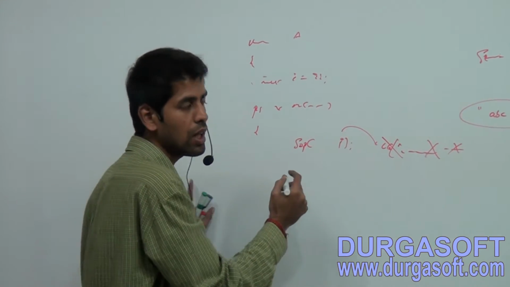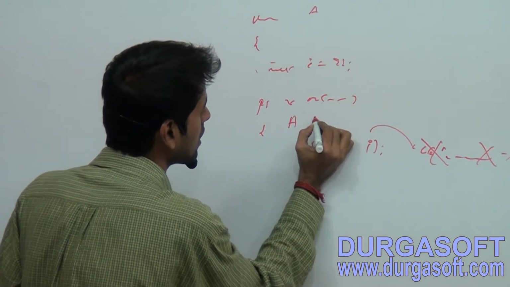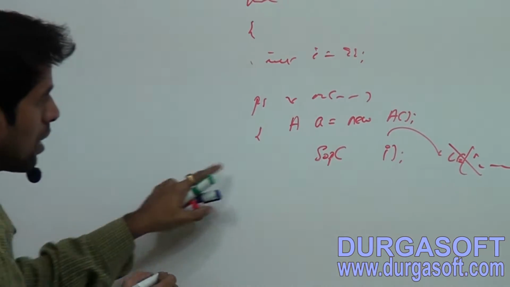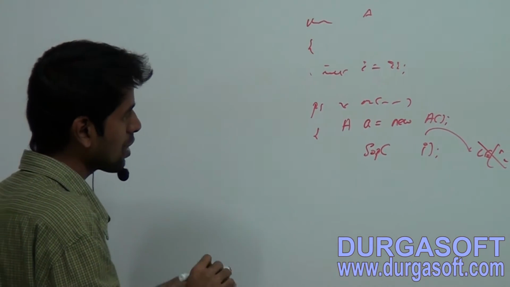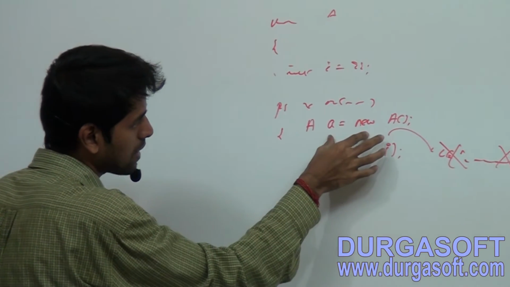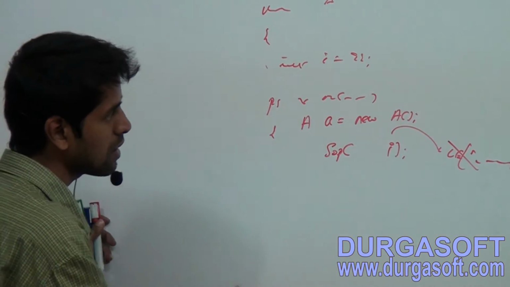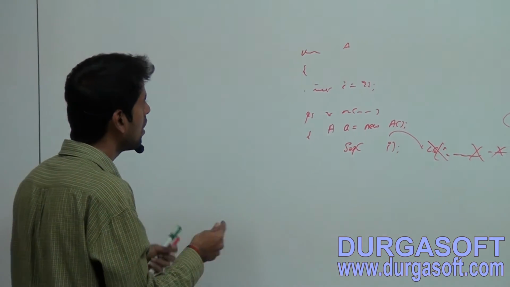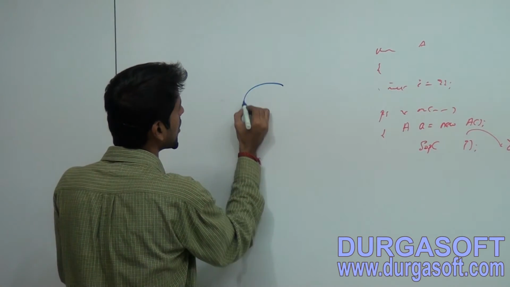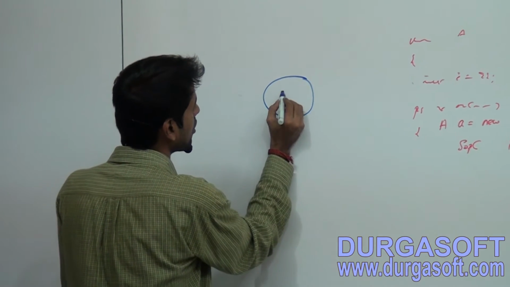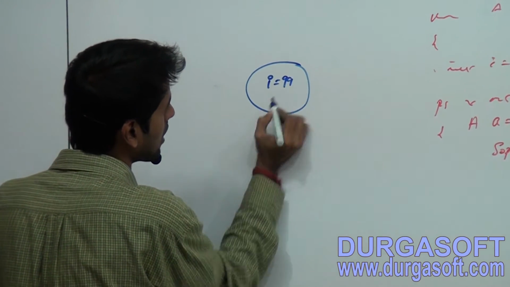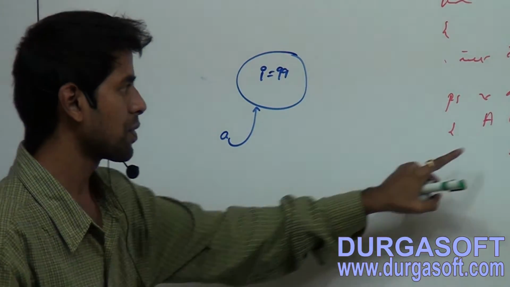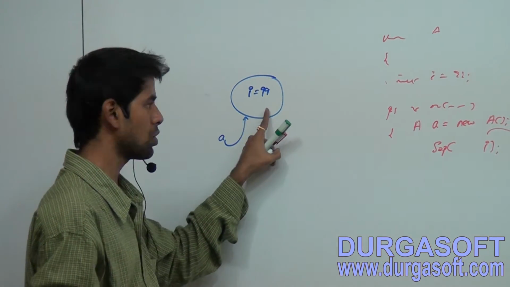You have to create an object. Observe here, A a equals new A. Now let me know what is the exact memory representation for this statement. Simple thing, we are aware of that one. There will be memory allocation and there will be i equals 99, and a is the reference variable referring to this object.